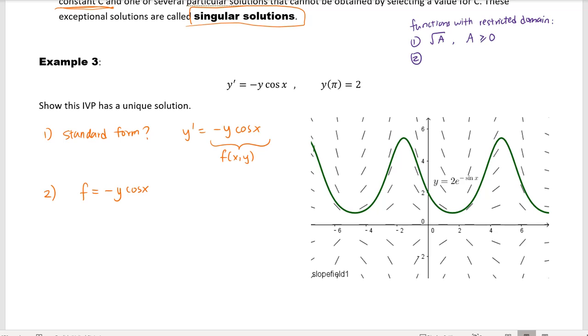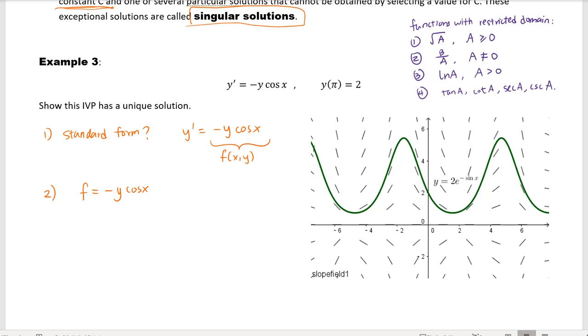Second, fractions: if we see fractions, we need the denominator to be not equal to 0. Third, natural log: we need a to be positive. And we also have more, for example tangent, cotangent, secant, cosecant, and in that case you have to figure it out depending on the picture of that.